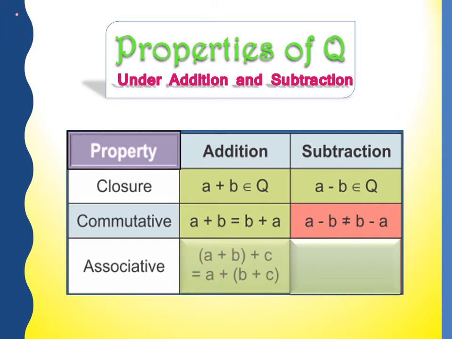Rational numbers are associative under addition. For any three numbers, a plus b plus c, if I change the place of the brackets on the two sides, I have the same answer in addition, but rational numbers are not associative under subtraction.